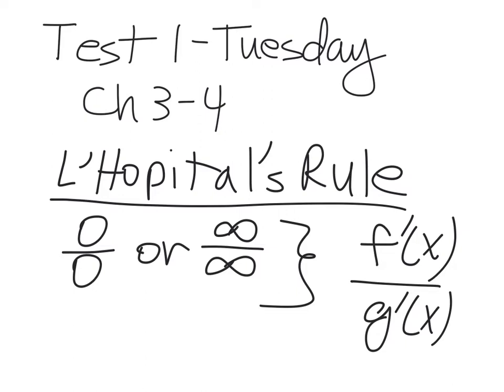Sometimes it just takes once, sometimes it takes 3 or 4 times through L'Hopital's rule before we get an actual value. Okay, so any questions on just the basic ones where we already have the infinity over infinity or 0 over 0?